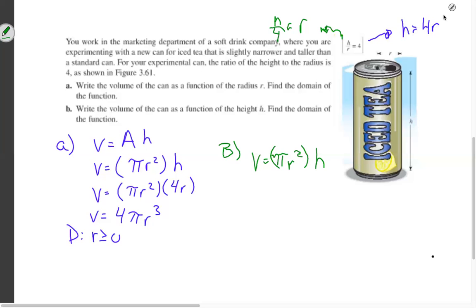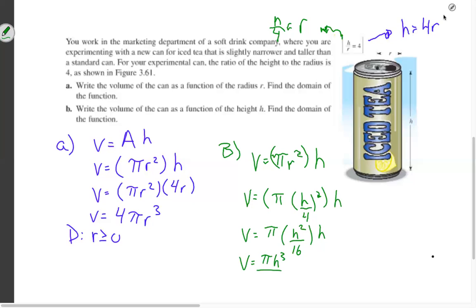Where did I get that from? I just solved it for r. So now I come down here and I have V equals pi, and instead of writing r, I'm going to write h over 4, squared, times h. That gives me pi times h squared over 16 times h, which is pi h cubed divided by 16. And my domain for this, my height has to be greater than or equal to 0.